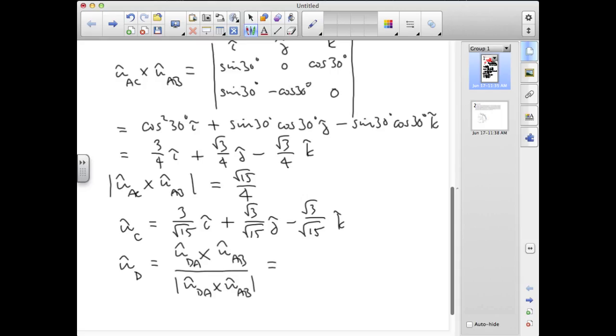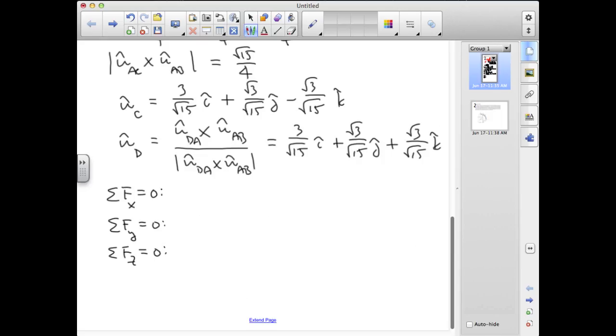So this ends up being 3 over root 15I plus root 3 over root 15j, and now plus root 3 over root 15k.